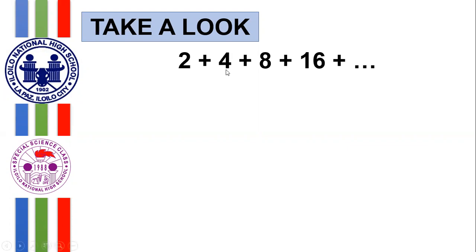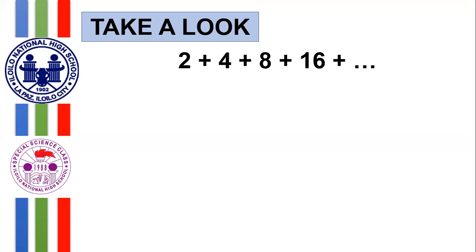If you divide the second by the first, 4 divided by 2 is 2, 8 divided by 4 is 2, 16 divided by 8 is 2. And since you have a common ratio which is 2, this is geometric. And since this is geometric, and since you are adding all the terms, then this is a geometric series.